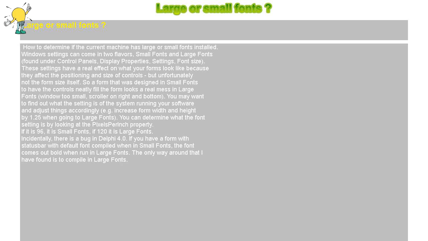Large or small fonts. How to determine if the current machine has large or small fonts installed. Windows settings can come in two flavors: small fonts and large fonts, found under Control Panels, Display Properties, Settings, Font Size.